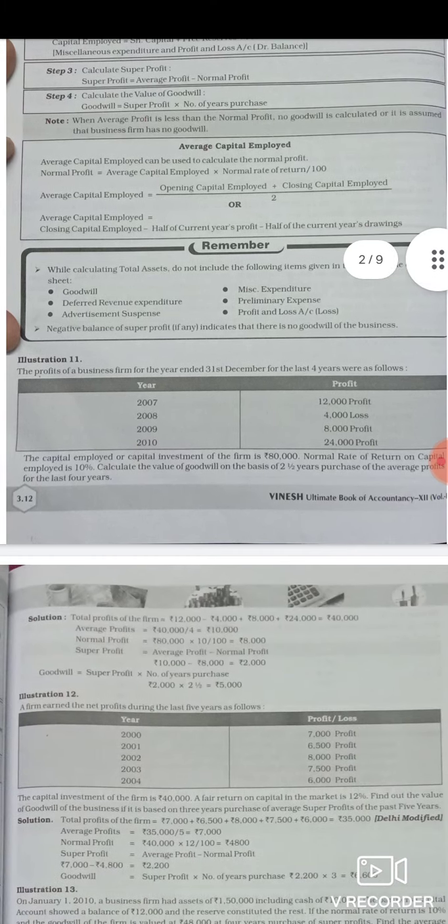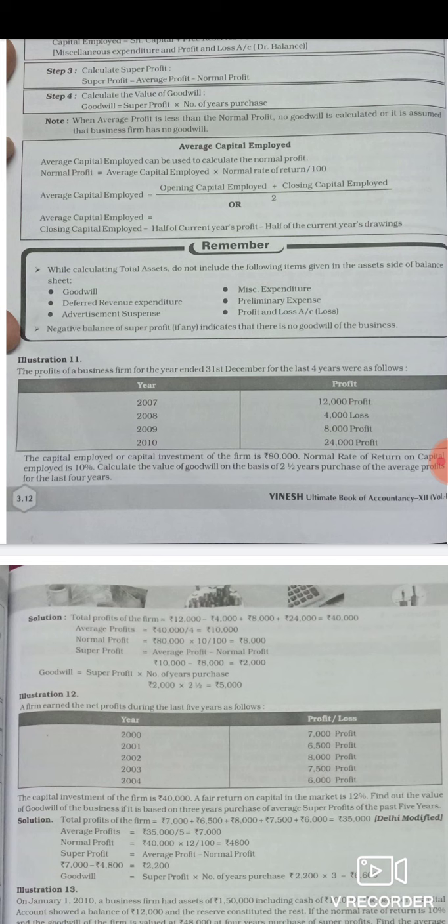Next, see the sum. It's a very easy sum. The profit is given for the 4 years, and in this sum the normal rate of return is also given, that is 10%, and they ask to calculate the value of goodwill on the basis of 2.5 years purchase of the average profit for the last 4 years.